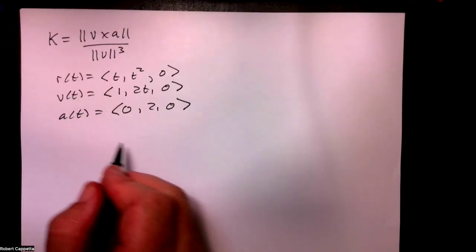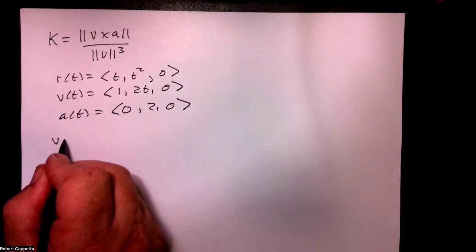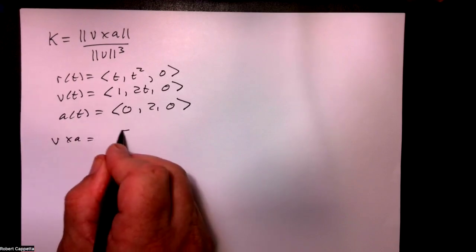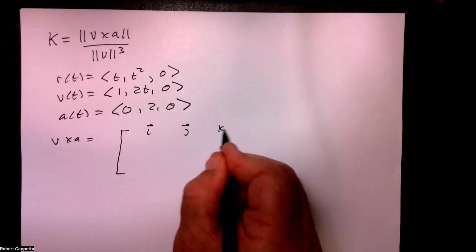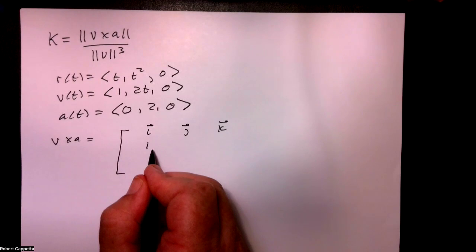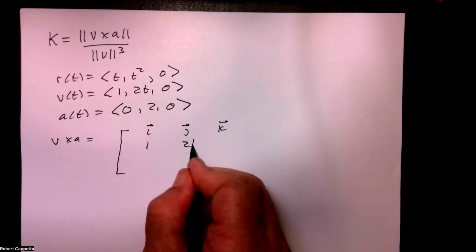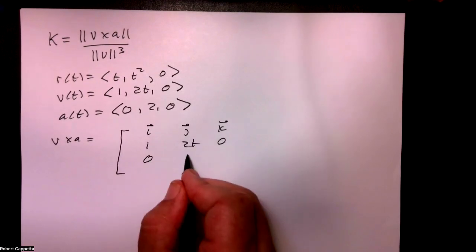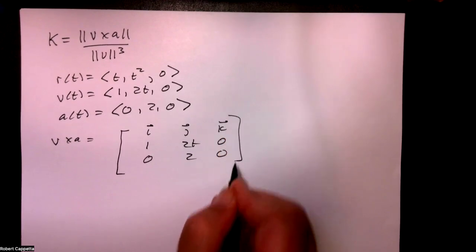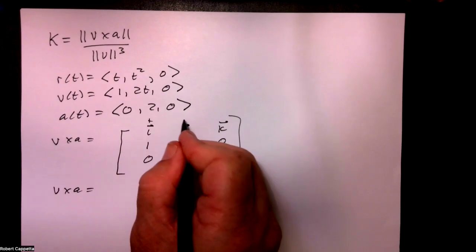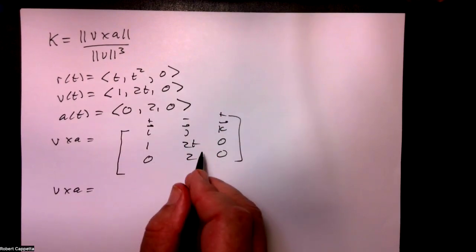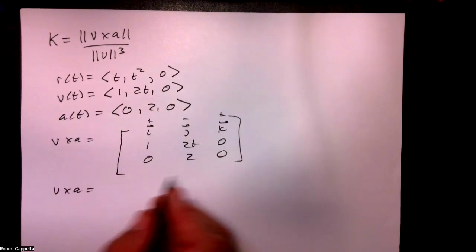I need to get v cross a divided by speed cubed. What is v cross a? We go i, j, k across the top, 1, 2t, 0, and 0, 2, 0. What's that going to give me? And it goes plus, minus, plus across the top. In the i direction, 0 minus 0.